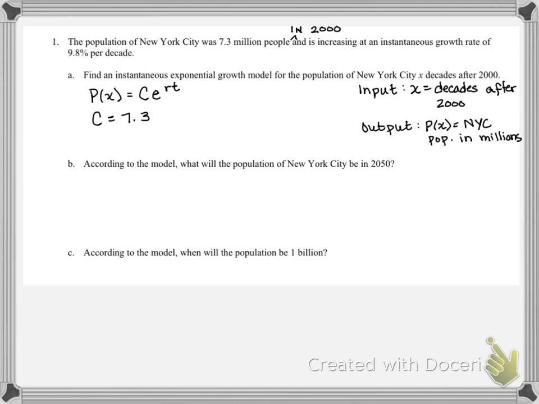So in the year 2000, we had 7.3 million people, and then our growth rate is a positive 0.098. In decay models, your growth rate will be negative, so you will actually put a negative number in your exponent, and they won't always give it to you as a negative. If they say a decay rate of 9.8%, you have to deduce that means R is going to be a negative 0.098 rather than positive.